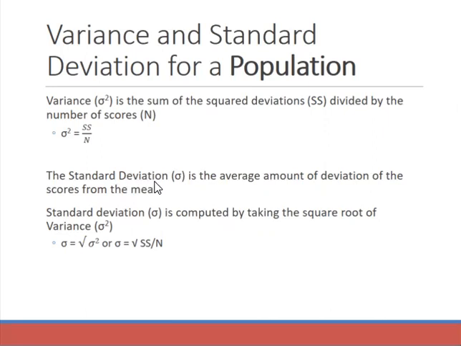So the standard deviation, or sigma if we're talking about the population, is the average deviation from the mean. Standard deviation is computed by taking the square root of the variance. So sigma equals the square root of sigma squared, or you can also look at it as sigma is the square root of the sum of squares divided by N.